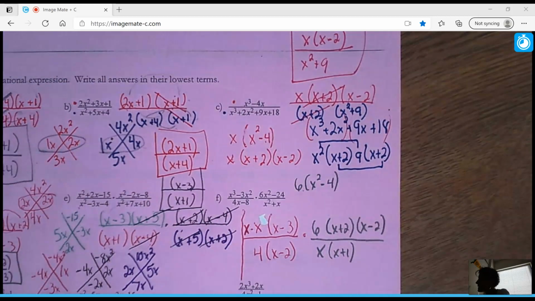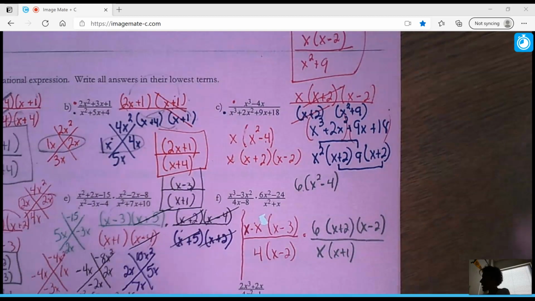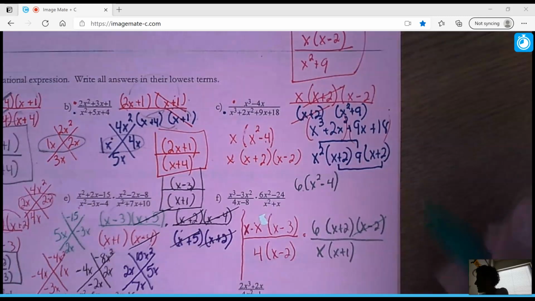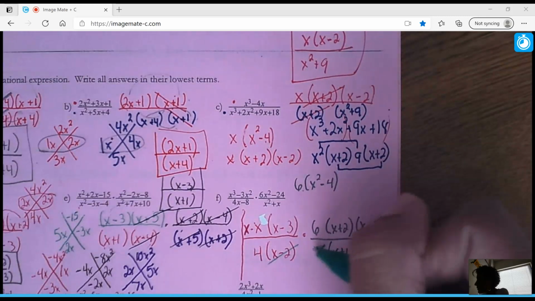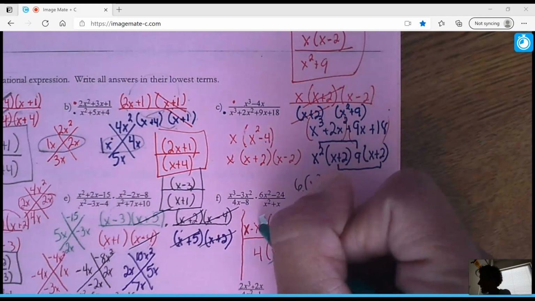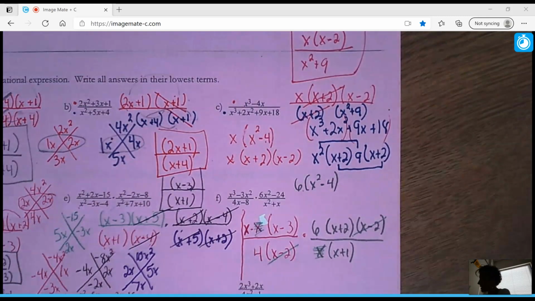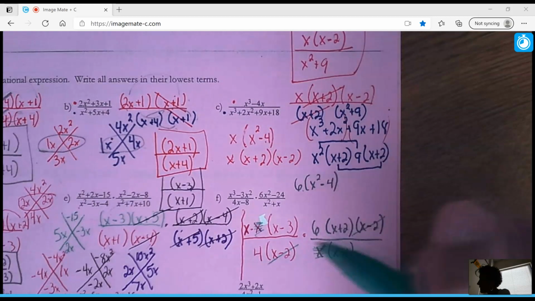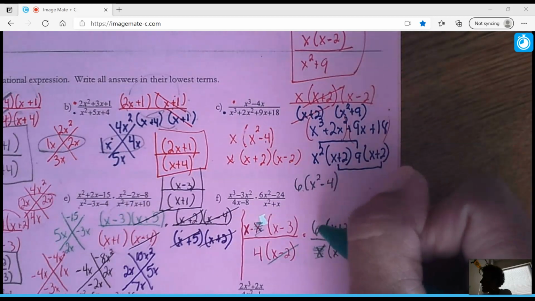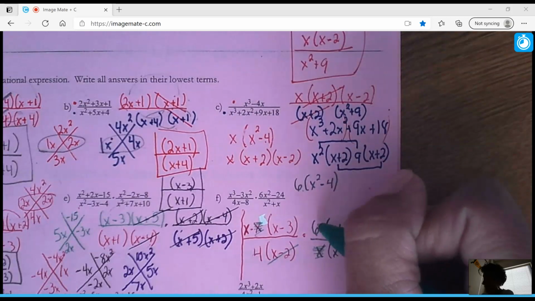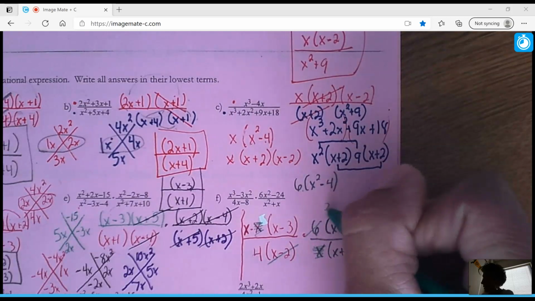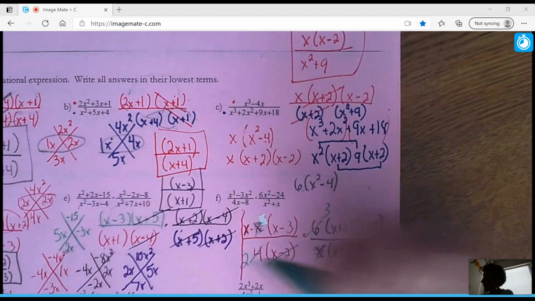So as far as this fraction goes, I'm ready to start my crossing off for the common factors. So I have an x minus 2 on top and x minus 2 on the bottom. I also have a single x in the bottom, so I'll take out one of these single x's in the top. And then even 6 and 4, we might forget about those, but between these, 6 and 4, I could factor out a 2, so I'm left with a 3 here and a 2 there.